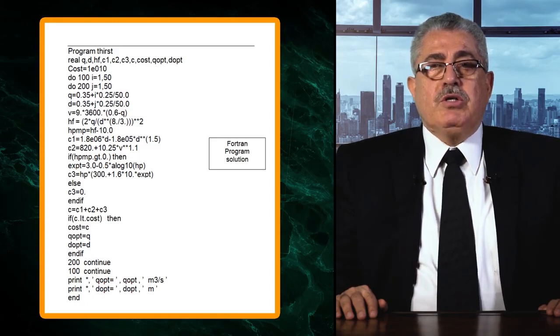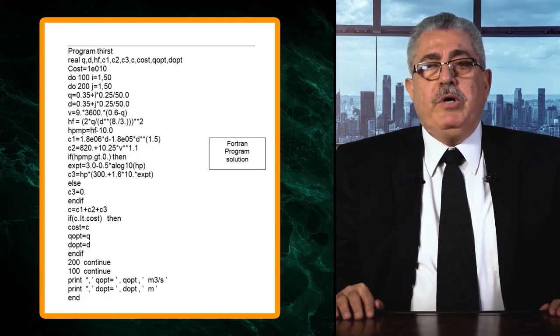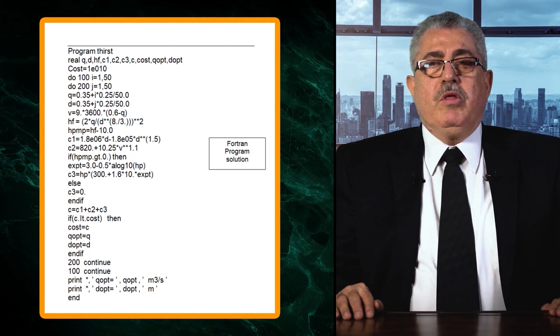For each combination, we conduct hydraulic and cost calculations. After the do loop, we compare the calculated costs with the previous one to choose the smaller value. At the end, we obtain the minimum cost and corresponding optimal values for Q and D.